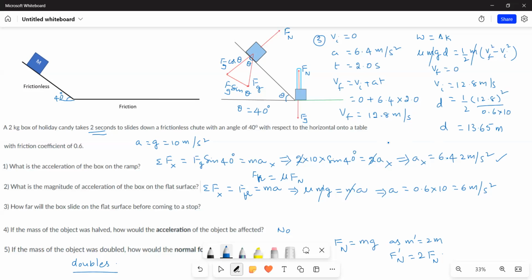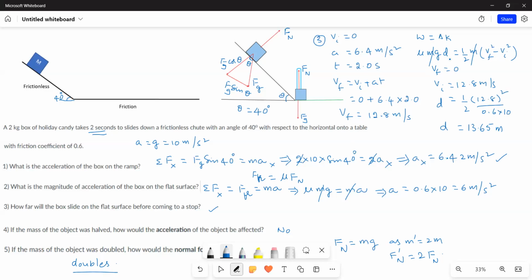Now what I have to find is the distance. We know work done is equal to change in kinetic energy. Therefore, W is equal to delta K. Here the work done is work done by the friction. Therefore, mu mg d, where mu mg is the frictional force and the displacement is d.